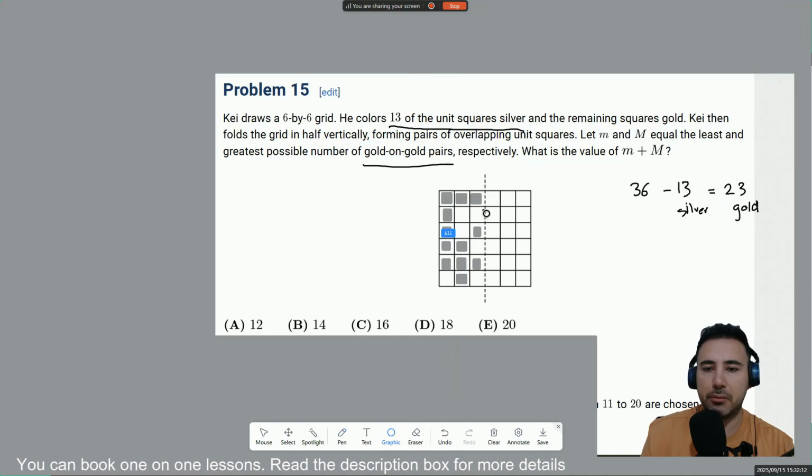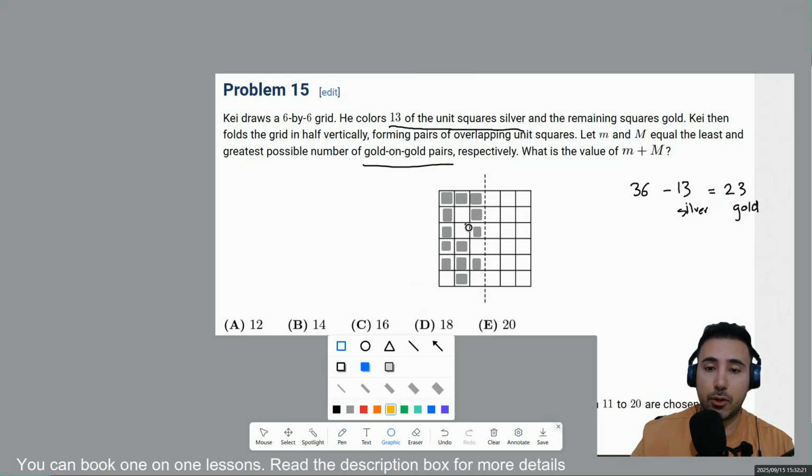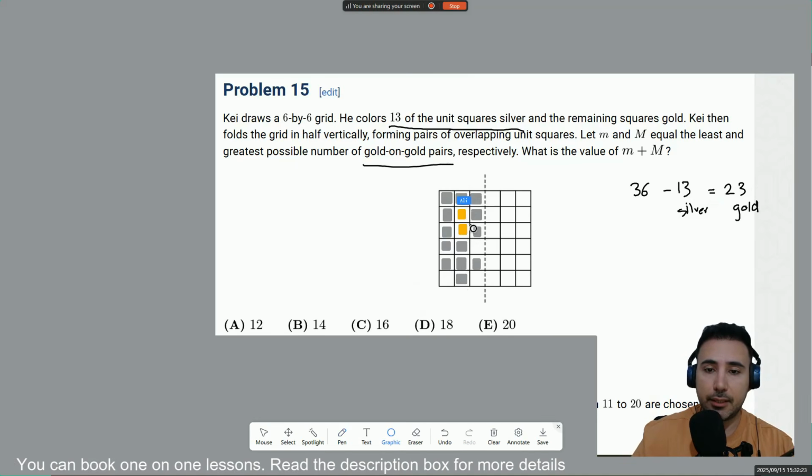I'm going completely random here. So 4, 6, 9, and then 13. Okay, so if I put all my silvers on one side, then everything else is just gold, gold, gold, right?